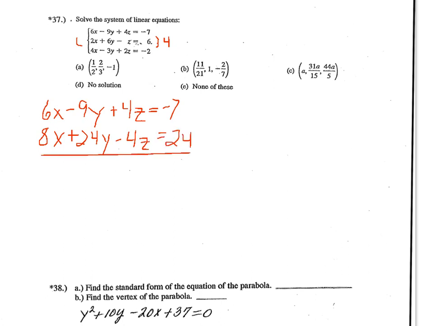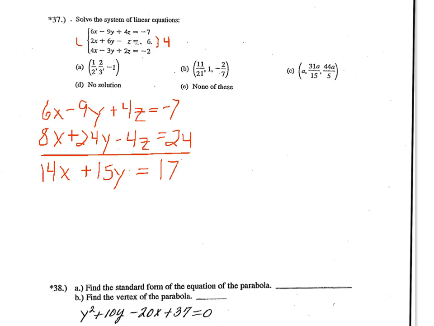So if we combine this together, we end up with 14x plus 15y equals 17.